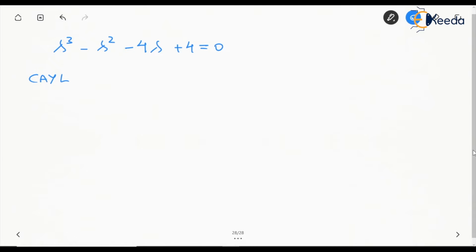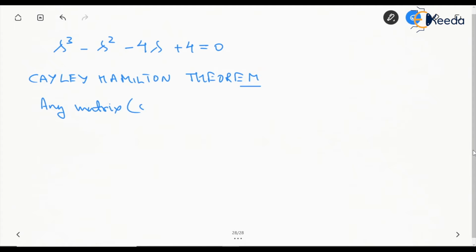Now as per the Cayley-Hamilton theorem, it says any matrix, which has to be square, satisfies its own characteristic equation.